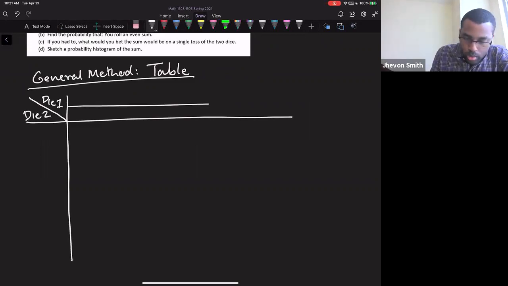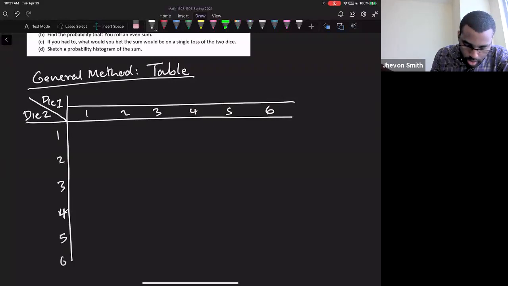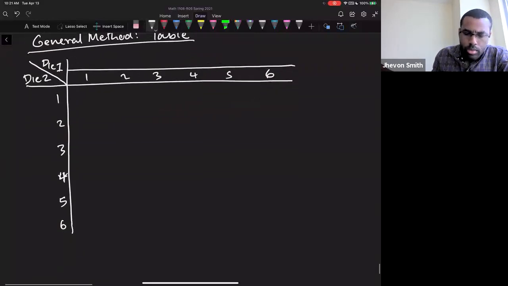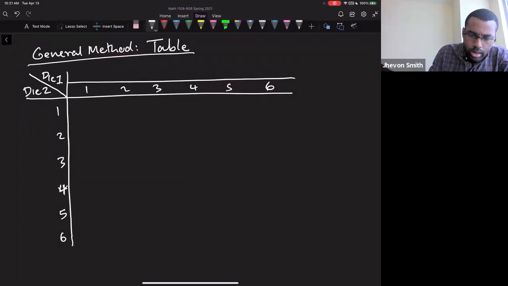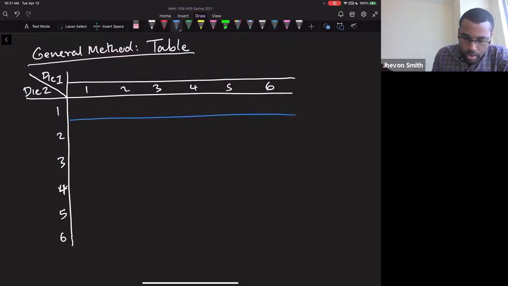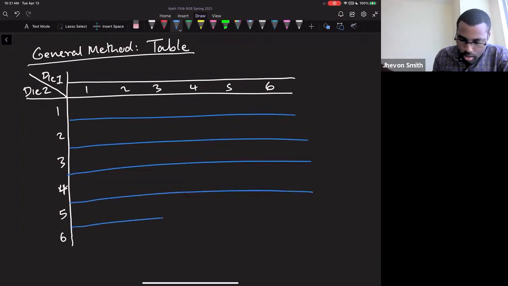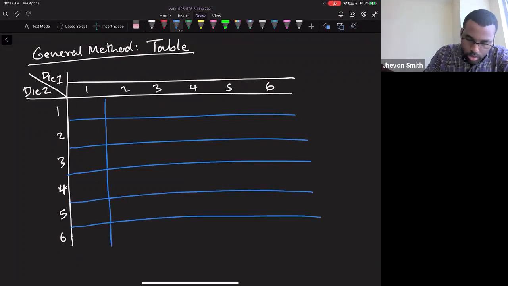You know, that's 1, 2, 3, 4, 5, or 6. 1, 2, 3, 4, 5, or 6. And then you can have a bunch of rows in here, a bunch of columns.